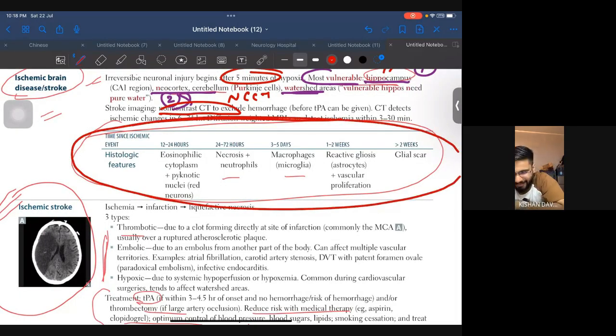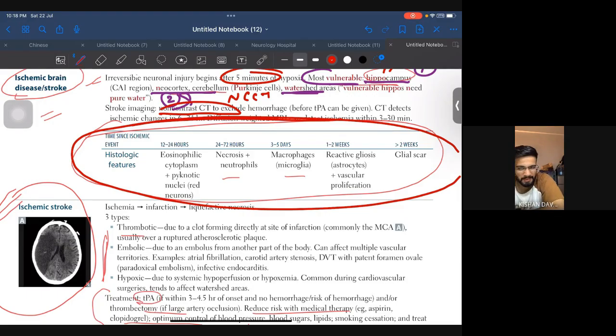Okay, in ischemic stroke or ischemic brain disease, they won't focus on any other thing. वो नहीं पूछेंगे treatment क्या होगा, what you will do, what is the investigation of choice. They won't ask all of this. That is the part of Step 2 CK. What they are going to focus on in Step 1 is they will say ischemic stroke हुआ है.